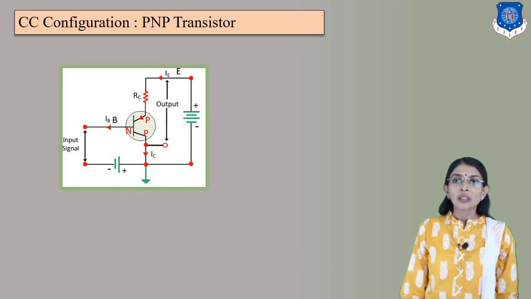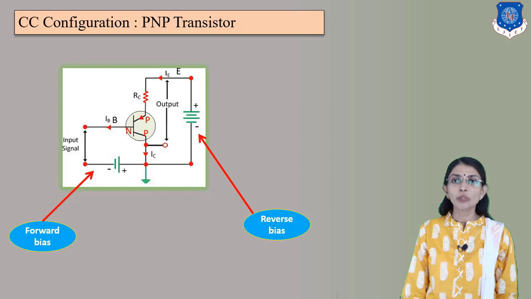So across VBC, we will connect the forward bias, that means the base is of N type, so the negative battery terminal is connected with the base, and then reverse bias must be connected at the output junction across VEC, and that is known as reverse bias.